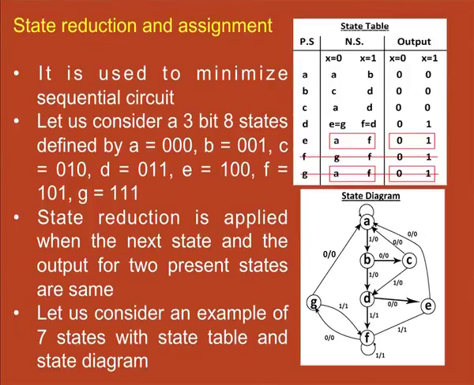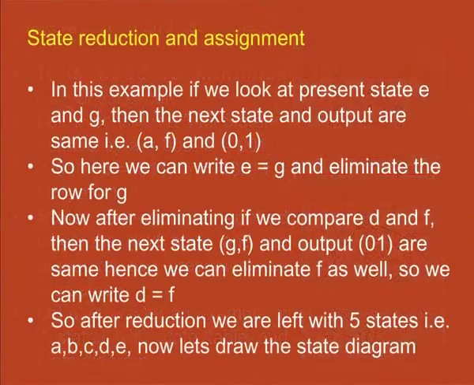Now, we want to reduce the state diagram as much as possible. Here, if we look at the present states E and G, then the next state and output are the same, that is A f and 0 1.